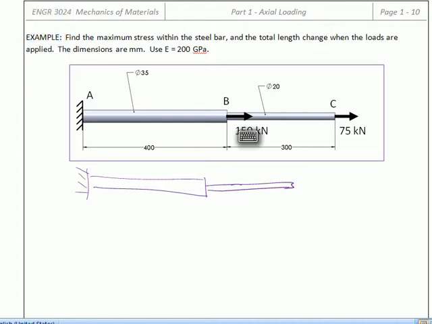So we know we've got 150,000 newtons, 75,000 newtons, and we know that we've got a reaction force that's going to happen in the x direction.